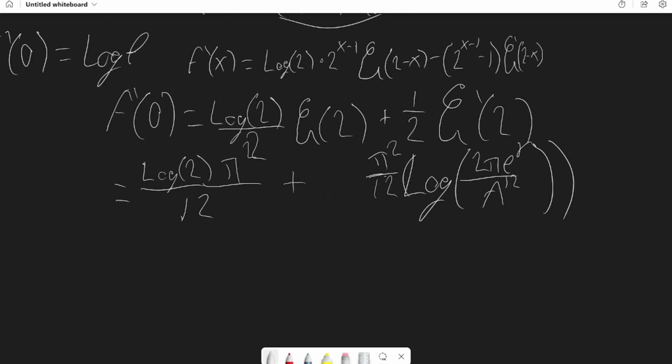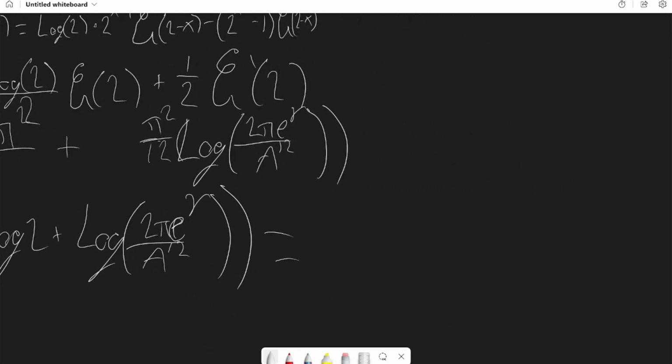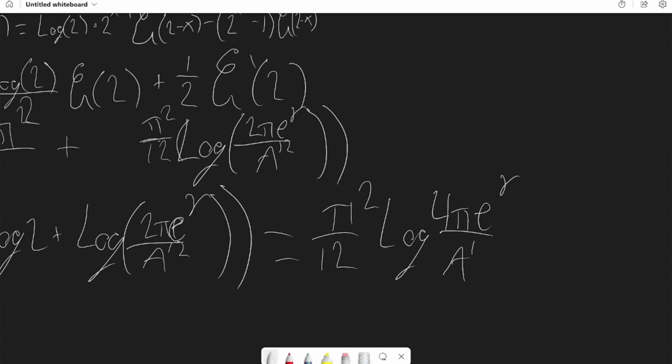So then we get log of p is equal to pi squared over 12 times log of 2 plus log of a bunch of random cool constants. So add these together, and we get log of p is equal to pi squared over 12 times log of 4 pi e to the gamma over a to the 12.